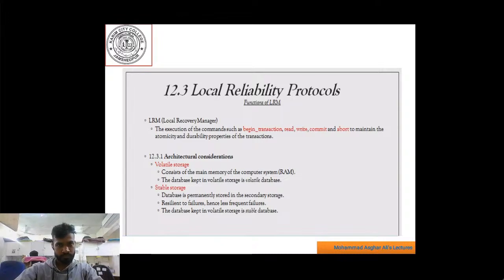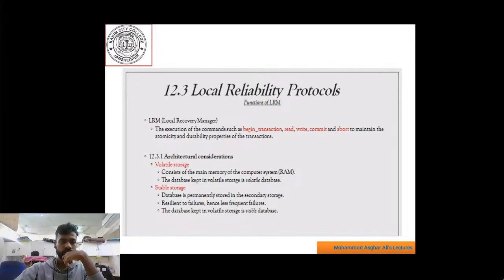Second is architectural consideration. It is divided into two parts: volatile storage and stable storage. Volatile storage consists of the main memory of the computer system, also called RAM, and the database kept in volatile storage is the volatile database. The second one is stable storage.